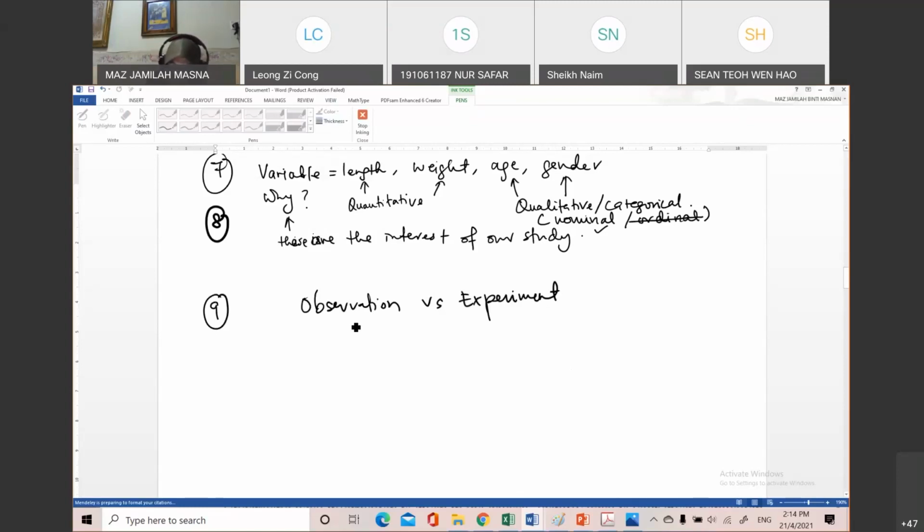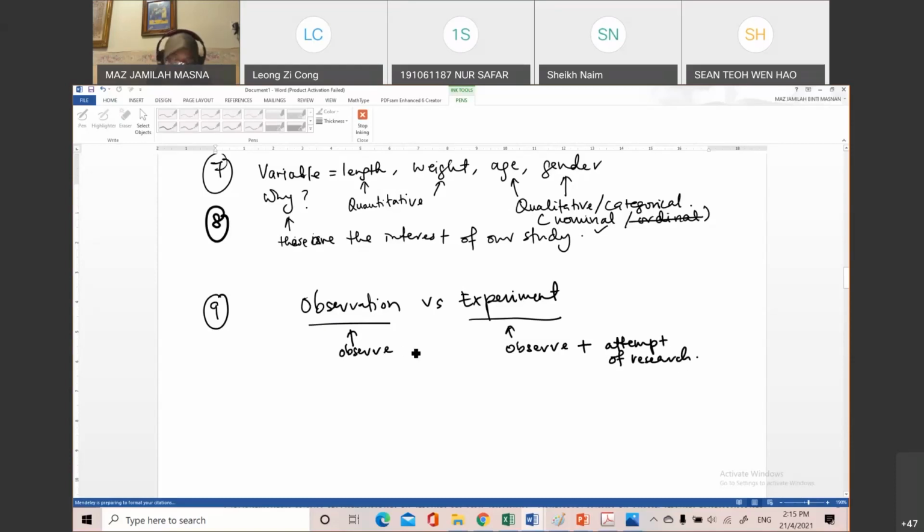What is it about experiment and observation that differs? Here you observe. Here you also observe. But here you observe with an attempt, an attempt for your research.